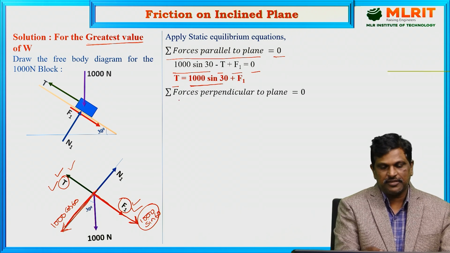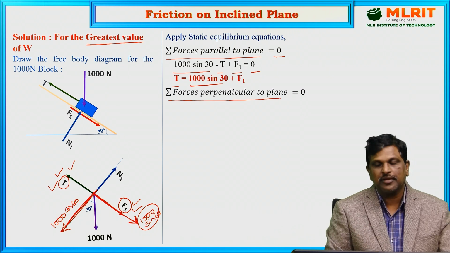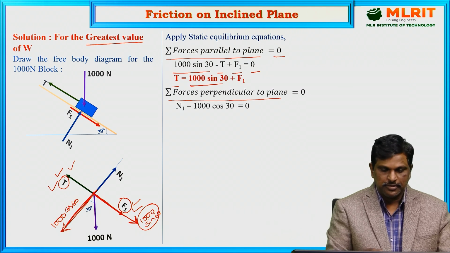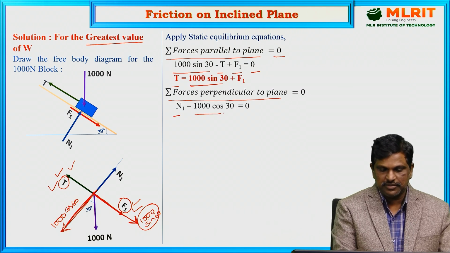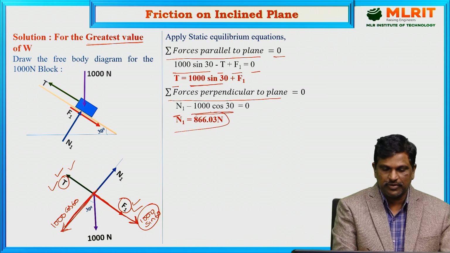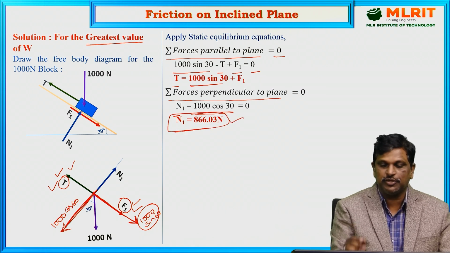Now take the forces perpendicular to plane and equate their sum to 0, because the body is under equilibrium. N1 minus 1000 cos 30 is equal to 0. N1 is equal to 866.03 Newton.